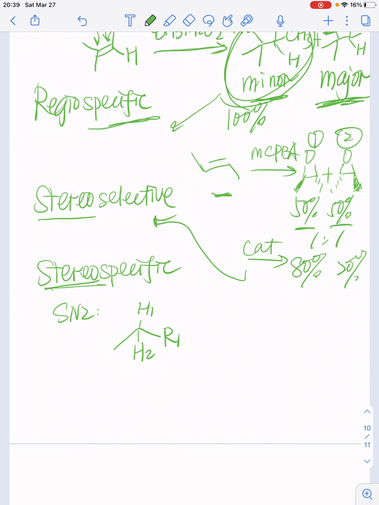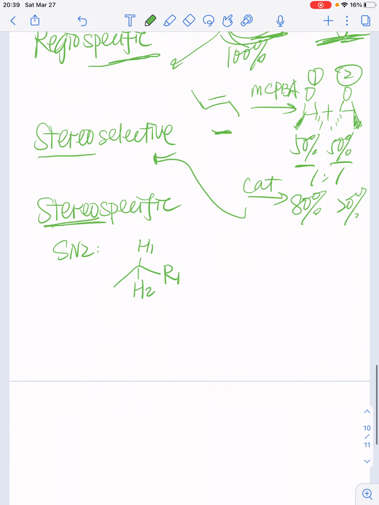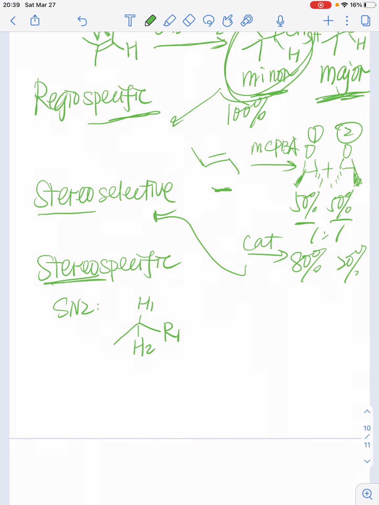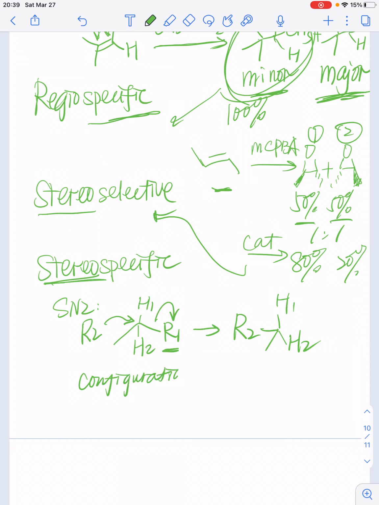When it comes to stereospecificity, we'll use SN2 as a reaction to explain that. In the SN2 reaction mechanism, the new nucleophile attacks from the backside compared to the old nucleophile. The reaction leads to configuration inversion.